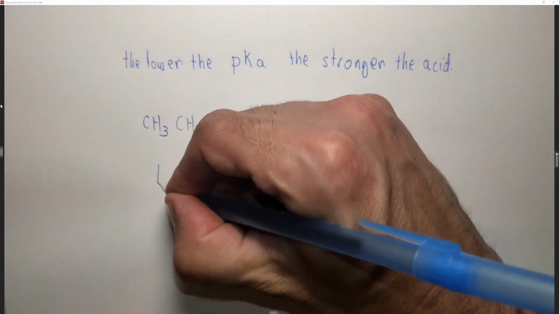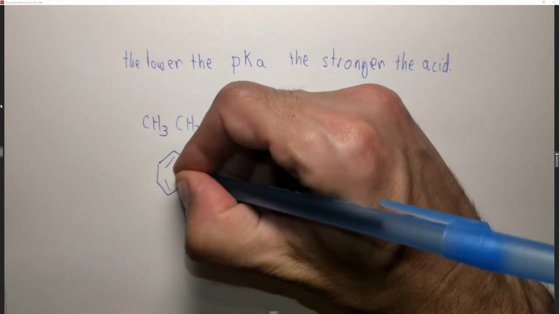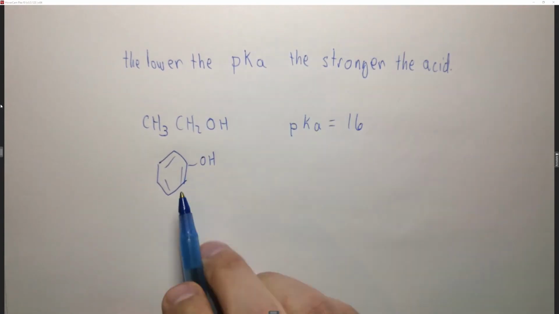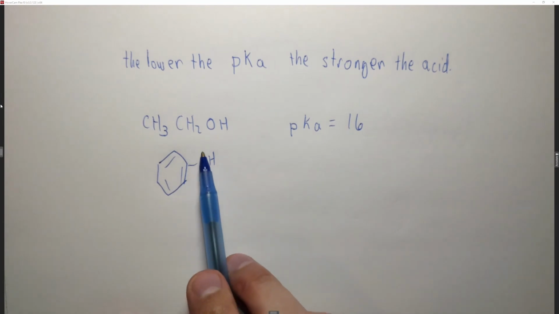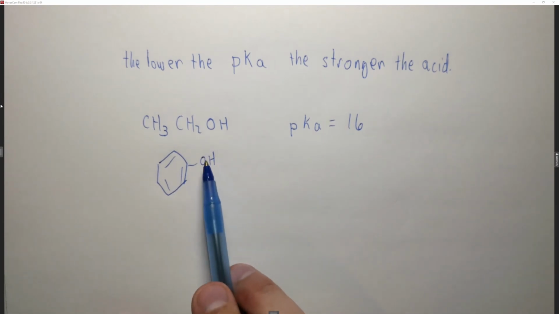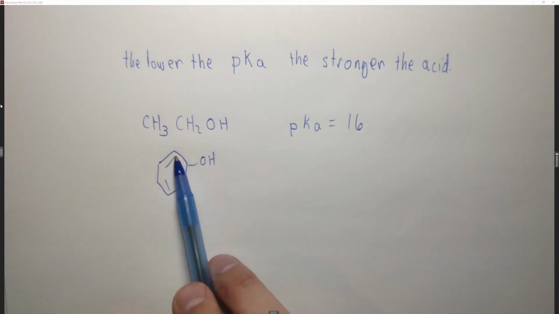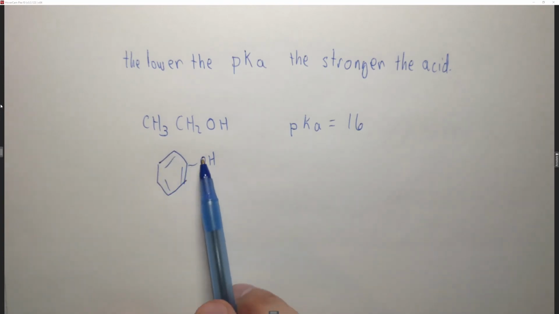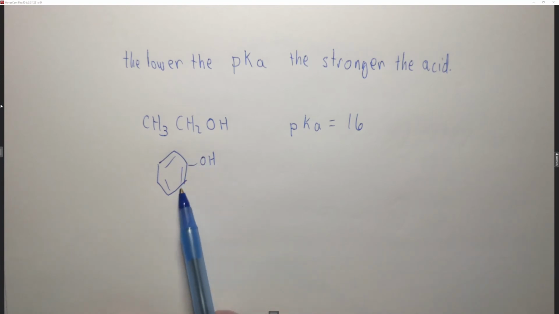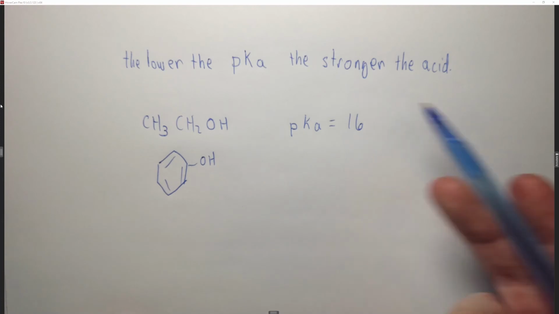We talked about at the time, if we have phenol, which is an OH directly bonded to the ring, because this would put a negative charge on oxygen if it loses a proton, and that negative charge could be stabilized by the ring and shared by the different positions. So if you have a negative here, this goes here, and then this comes in here, and then that can shift to here, and then the negative goes here, and so on and so forth.